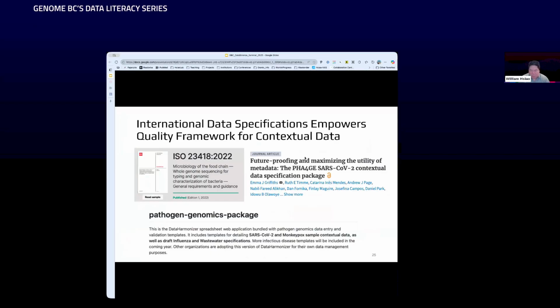So during this process, a few of the data specifications were developed along the way. As mentioned, during the pandemic, Emma Griffiths and others in my group led the development of a SARS-CoV-2 contextual data specification package for SARS-CoV-2 genomic epidemiology.